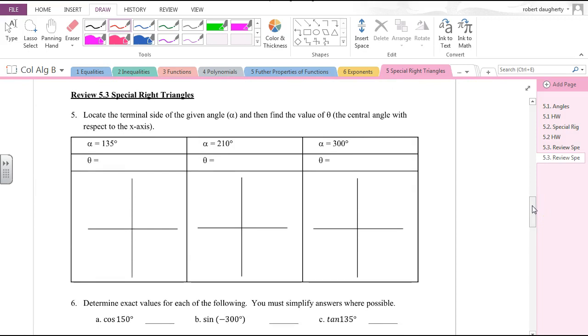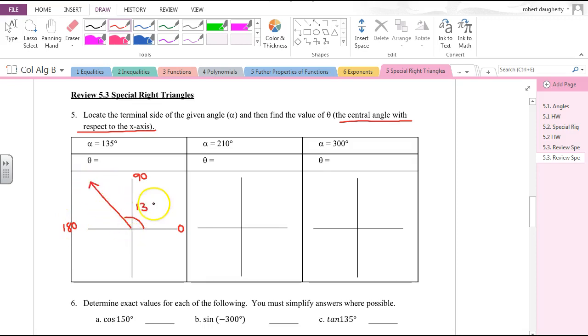Locate the terminal side of the angle that's given, and then find the value of the central angle. The central angle is the angle that the terminal side of our angle makes. It's the angle that our terminal side makes with the closest x-axis. So if alpha is 135, that's 0, 90, 180. So a 135-degree angle is right here.